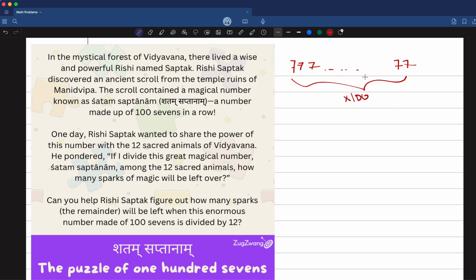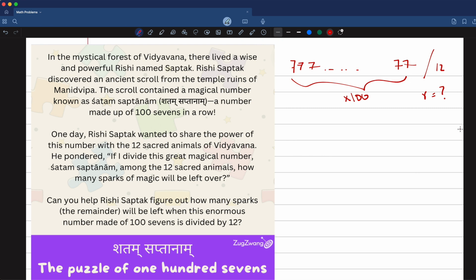If this huge magical number is divided by 12, what is the remainder? That's the question. So pause, think about it, try to solve it, go through your productive struggle. And if you're able to solve it, fantastic. Leave your comments in the comments section about how you approached it. If not, let's get going with how the solution is achieved.